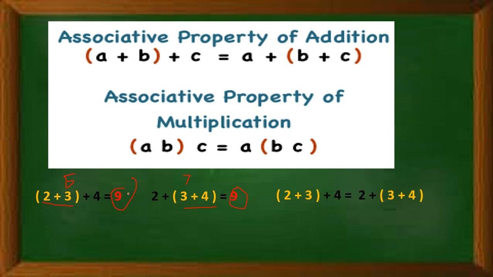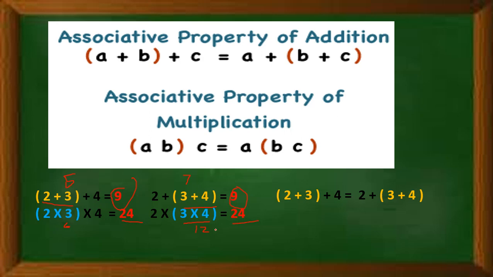In multiplication, 2, 3 and 4 are three integers. First we find the product 2 into 3, which is 6, and then 6 multiplied by 4, 6 fours are 24. Similarly, in the second way, 3 and 4 are multiplied first, so 3 fours are 12, and this 12 multiplied by 2 gives 24. Again, the way of doing the product is different, but the product is the same in both ways.